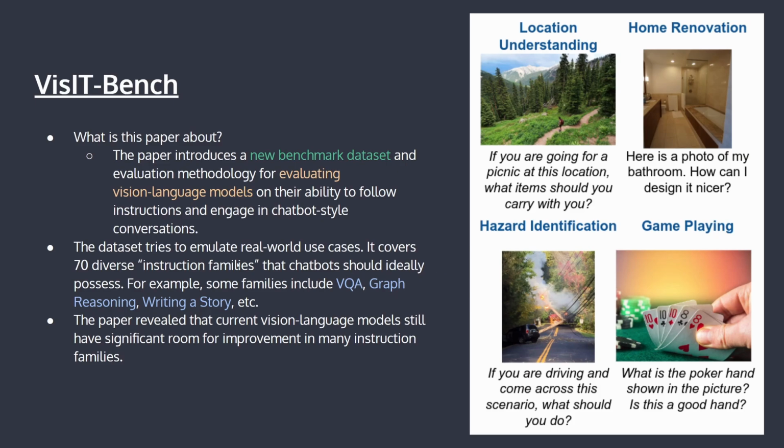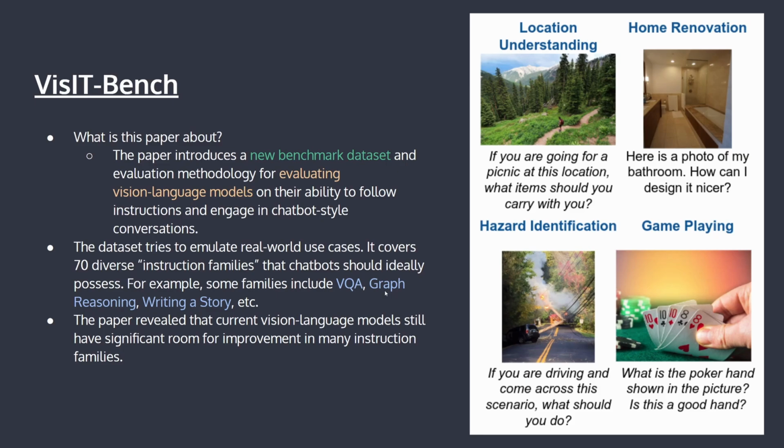It covers 70 diverse instruction families that chatbots should ideally possess. So again, it's based on real world use cases, right? For example, some families include VQA, visual question answering, right? Graph reasoning, which is super important, writing a story, etc. So graph reasoning is quite difficult.